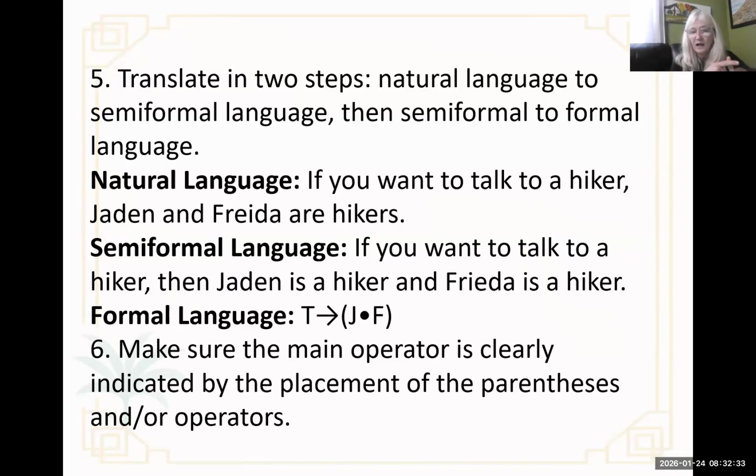If you want to talk to a hiker, then Jaden is a hiker and Frida is a hiker. Then formally, that would go T, arrow, begin parentheses, J, dot, F, end parentheses. Next, make sure the main operator is clearly indicated by the placement of the parentheses and operators.